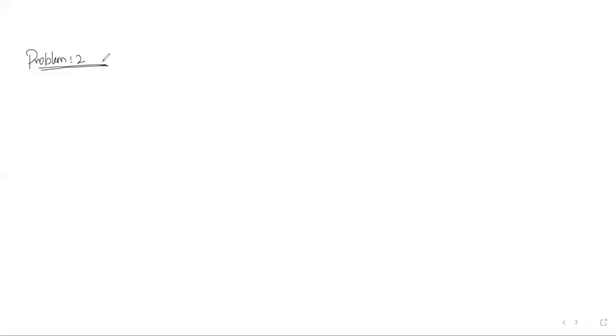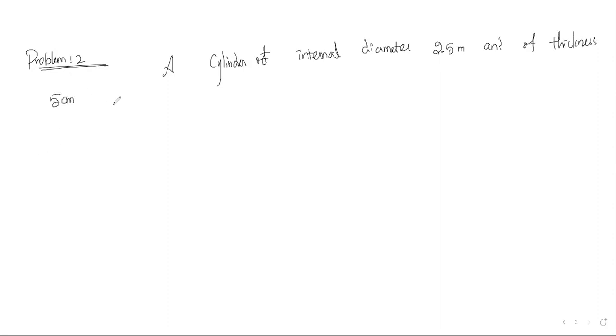A cylinder of internal diameter 2.5 meter and of thickness 5 centimeter contains a gas.